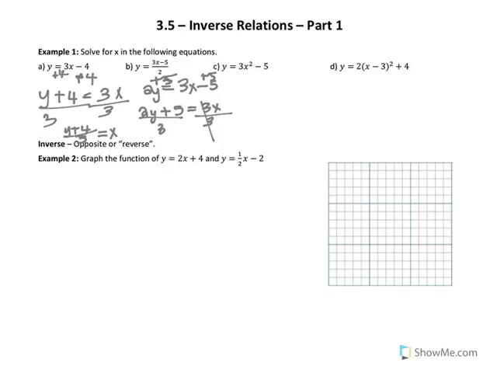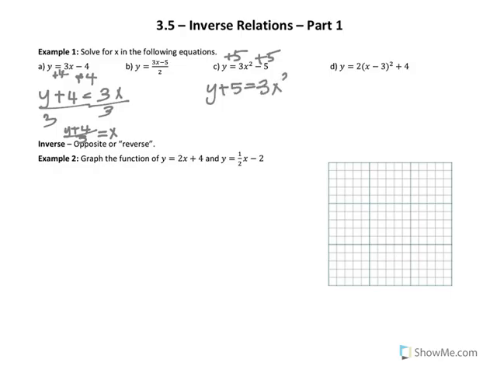Next one, I would get the x squared by itself, so I would add 5 to both sides. So I have y plus 5 equals 3x squared. I would divide by 3, so I have y plus 5 over 3 equals x squared, and then I would square root it, remembering to do the plus and the minus.